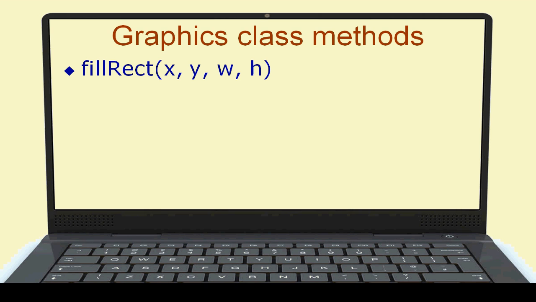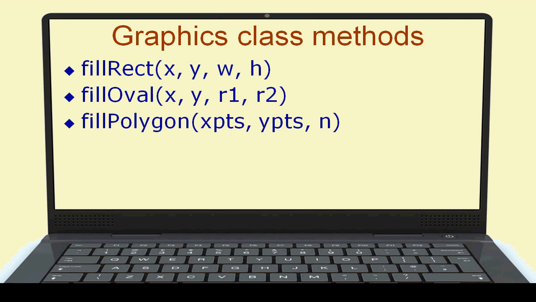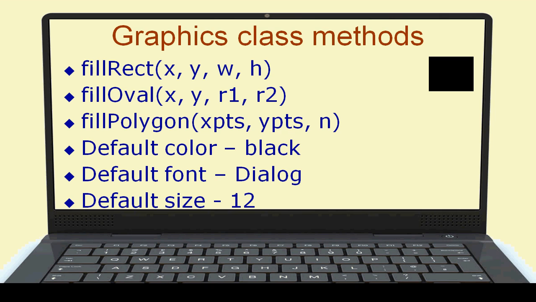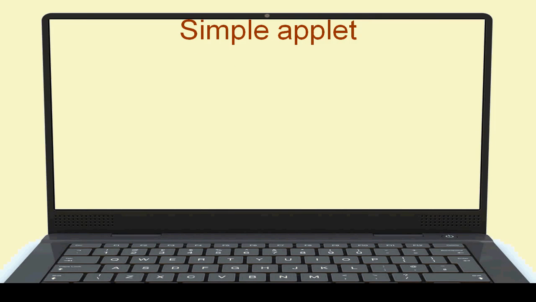For example, fillRect will draw a filled rectangle, fillOval, and fillPolygon. The shapes will be filled with a default color black. The drawString uses a default font Dialog, and it uses a default size of 12 points. This is how a filled rectangle will look like, a filled oval and a filled polygon.